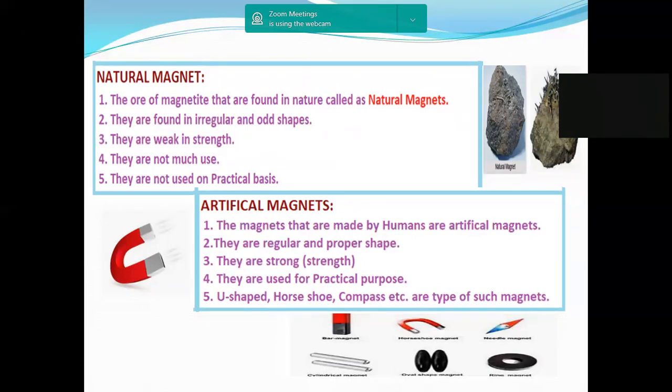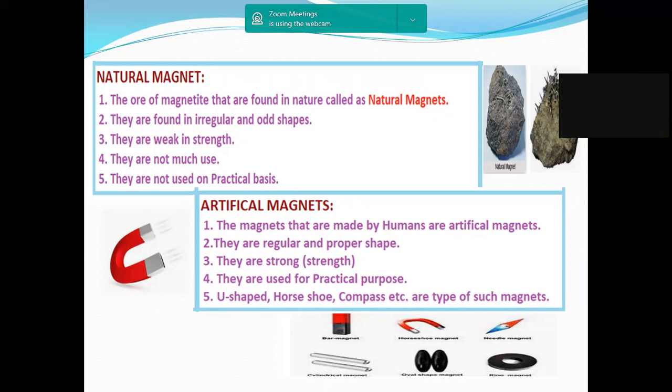Artificial magnets are actually of various types. You can see here, as per their shape, U-shaped, horseshoe, compass, etc. These are various types of artificial magnets. So there are two sorts of magnets. One given to us by Mother Nature is natural. They are not at all smooth.